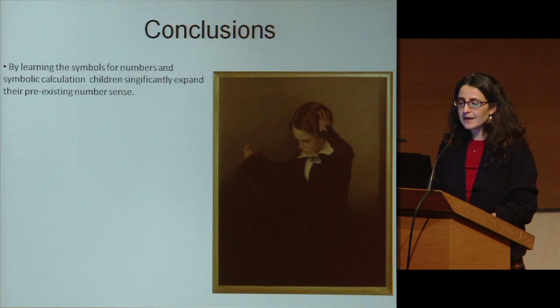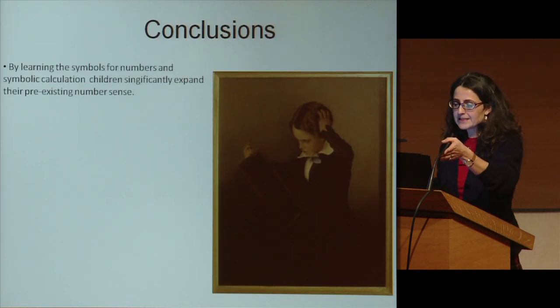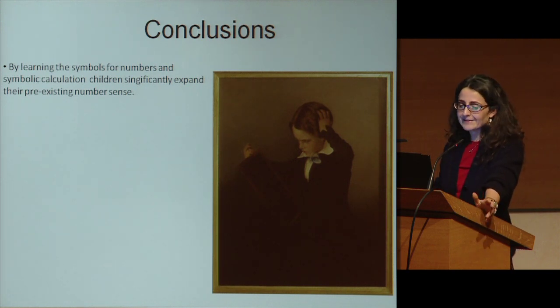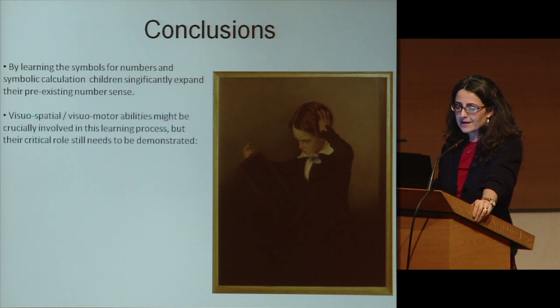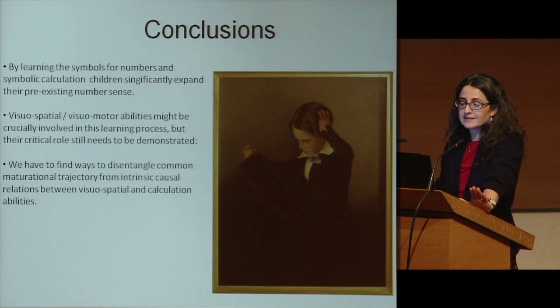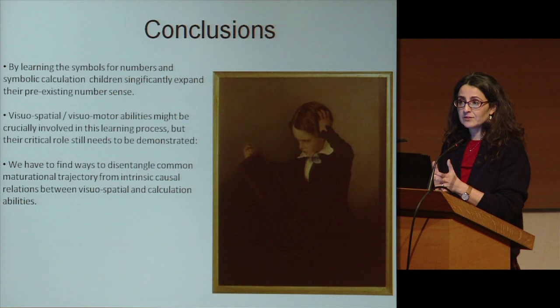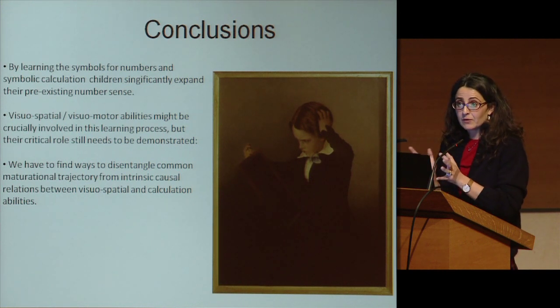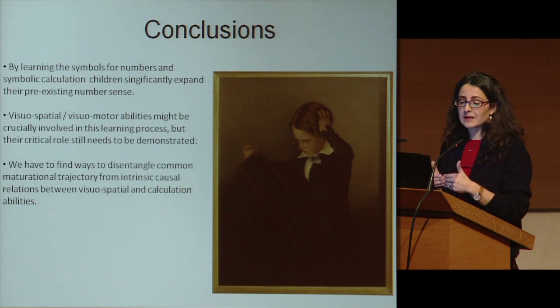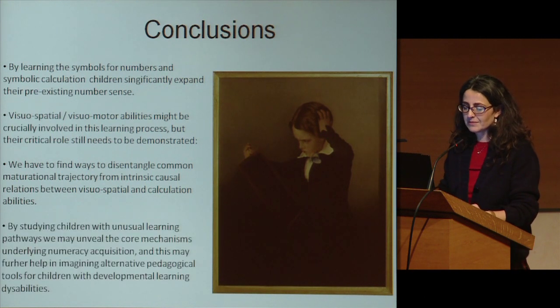So to conclude, we can say that by learning symbols for numbers and symbolic calculation, children significantly expand their pre-existing number sense. And we have also shown that visuospatial and motor abilities might be crucially involved in this learning process, but their critical role still needs to be demonstrated. First of all, we have to find ways to disentangle common maturational trajectory, maybe due to cortical proximity of these different areas that subtend these different functions, from intrinsic causal relation between visuospatial and calculation ability.